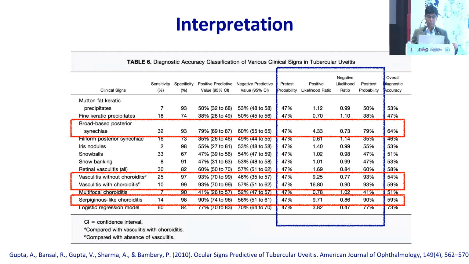As you can see, the pre-test probability in an endemic country is almost the same, but the likelihood ratio depends on the clinical presentation. If you see vasculitis with choroiditis, serpiginous-like choroiditis, or broad-based posterior synechiae, the likelihood ratio is quite high, and the post-test probability is very high if the test is positive. So always interpret in context with the clinical presentation and never alone.